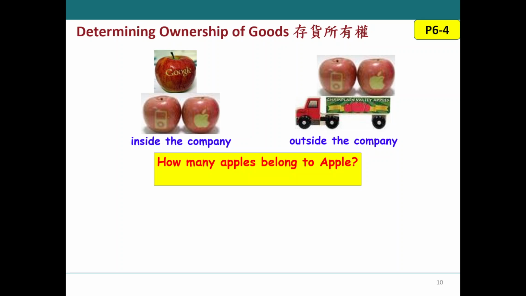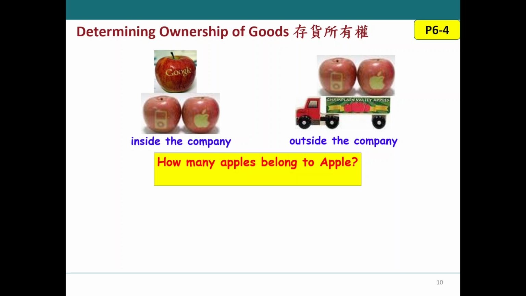How many apples do you have? You can guess, it doesn't matter.